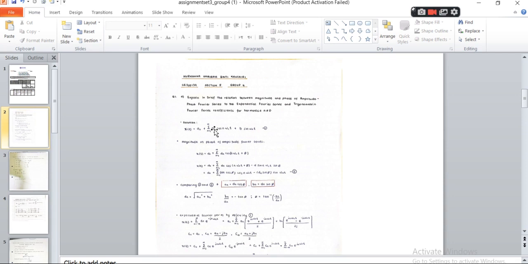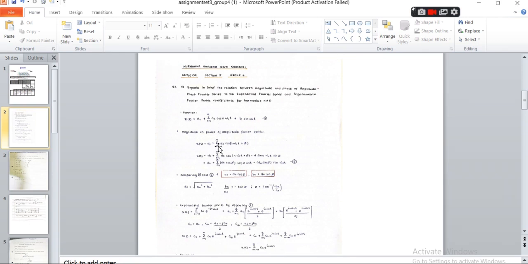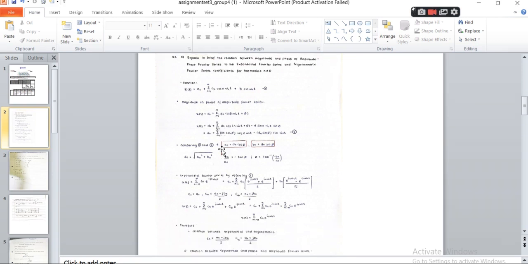The complex exponential Fourier series represents a periodic signal x(t) with fundamental period T naught. Since the cosine can be expressed, this explains the exponential Fourier series, the magnitude and also the trigonometric Fourier series.